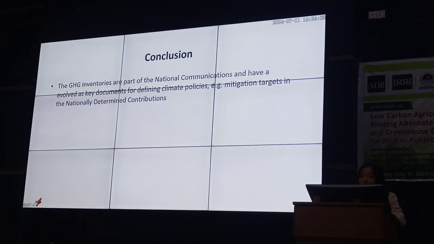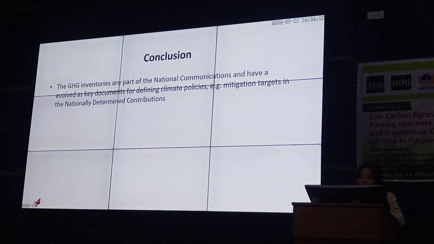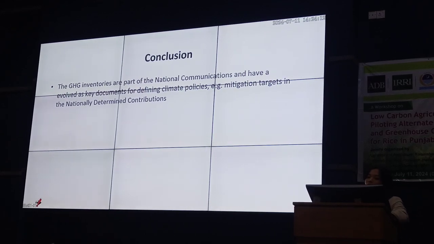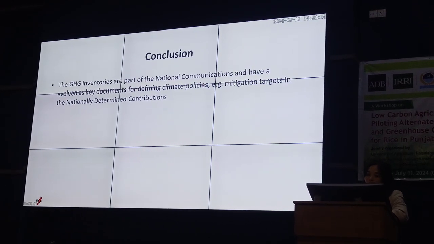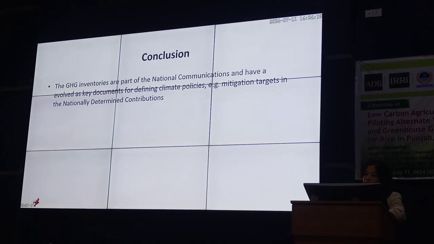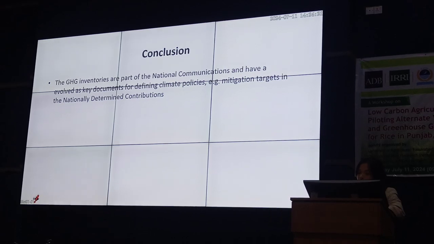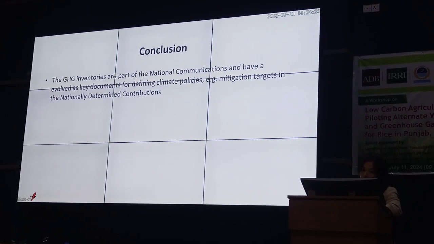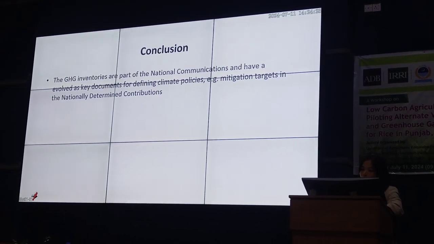So I go to the conclusion. The greenhouse gas inventory is part of the national communications, and it has evolved as a key document for defining climate policies, for example, the mitigation targets in the nationally determined contributions.